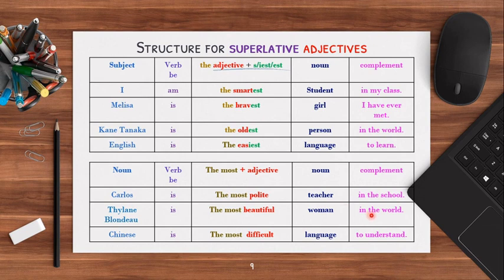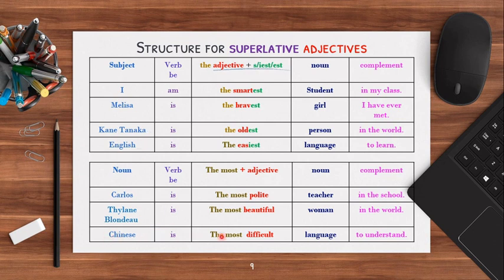So that means that she's the most beautiful woman in the world. It's the most. So it can be the most beautiful in the universe. I don't know, but she's actually beautiful. I have researched about her, and I did this sentence as well as Kane Tanaka based on real information, right? So you can see that you can do that as well.